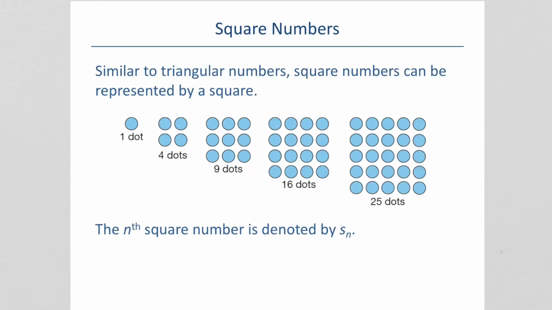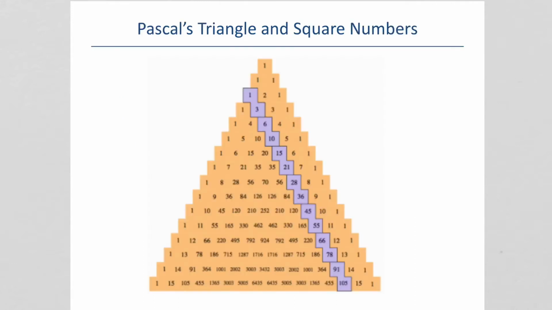Square numbers. Well, they make a square. So 1 and then 4, 9, 16, 25. Probably see the pattern already that they're the length of the side squared. Here, the square numbers, they're not there.